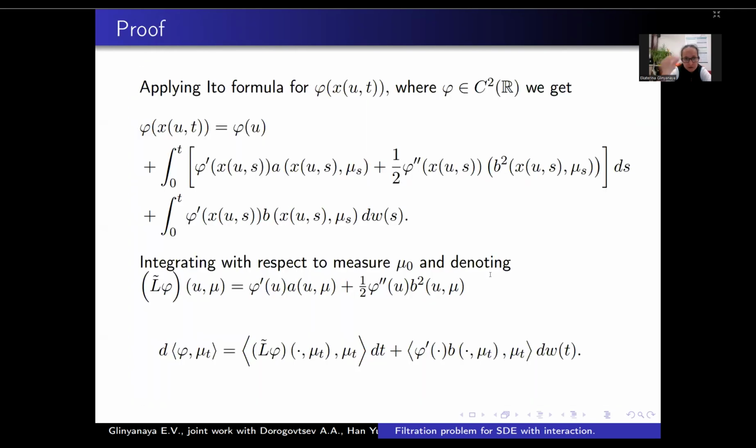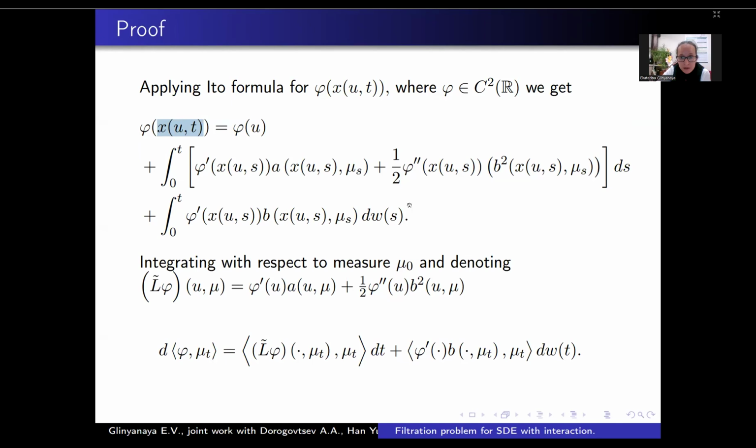Okay, the idea of the proof is quite standard. We need to apply the Ito formula to a function of the process x, since I consider my functional of measure to be the integral of phi.